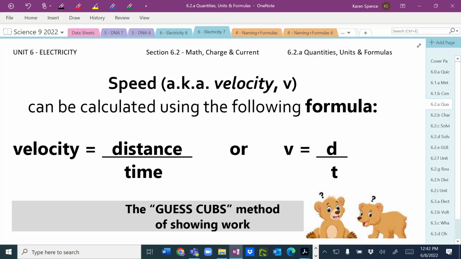All right. And now we're going to get into the part that is physics related, and that is putting these quantities into formulas. Okay, so here we have a formula, also known as an equation.